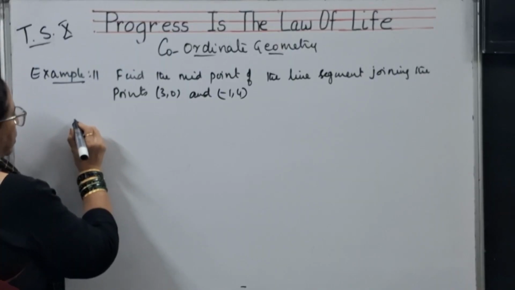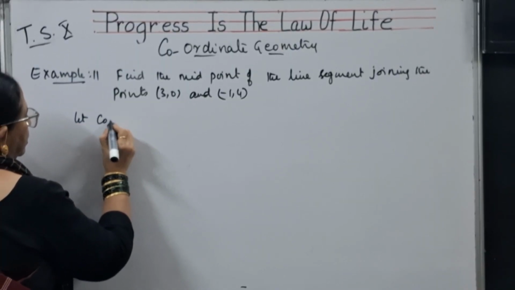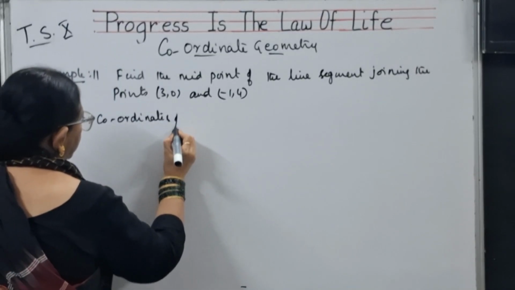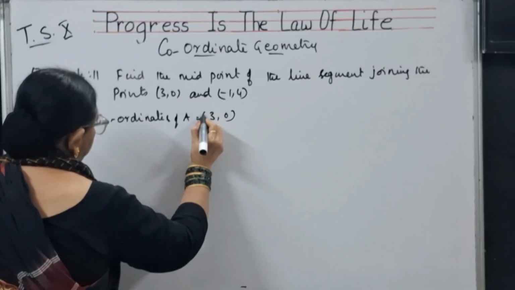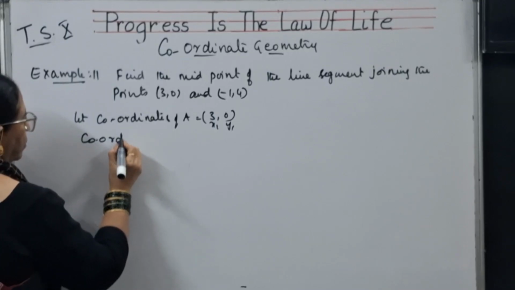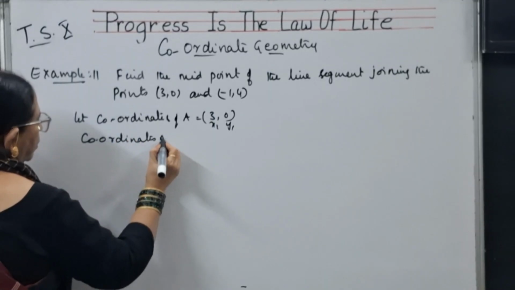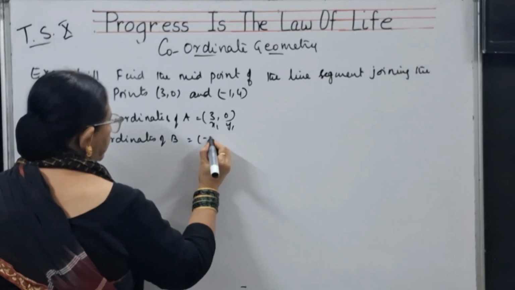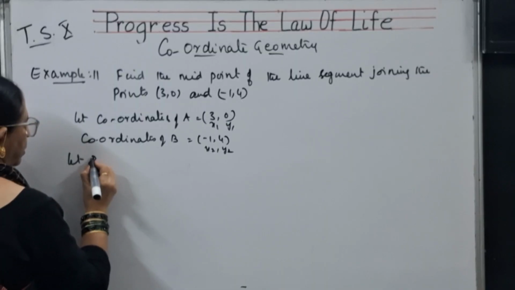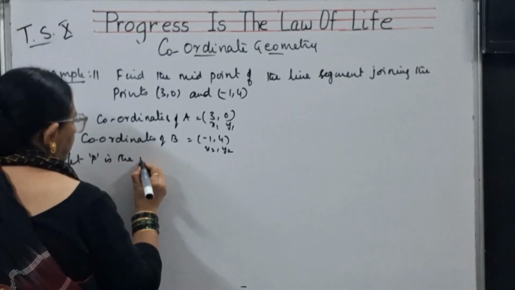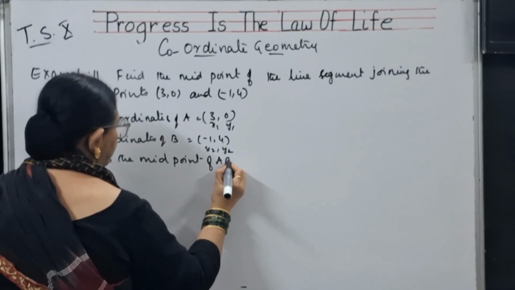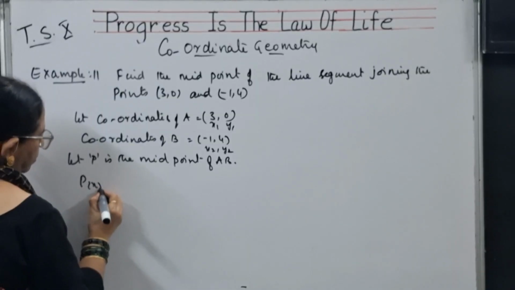So let coordinates of A is equal to 3 comma 0, consider it as x1 comma y1, and coordinates of B is equal to minus 1 comma 4, x2 comma y2. Let P be the midpoint of AB.